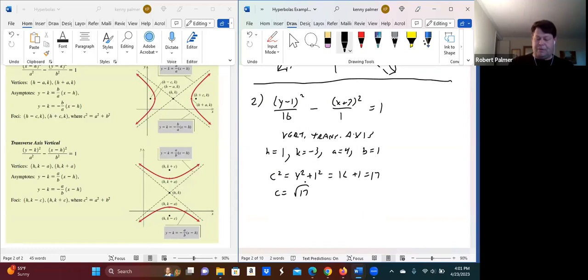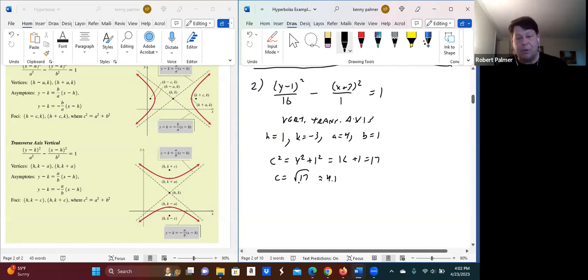About 4.1. That's close enough. Approximately 4.1. Okay. Now, from those things, we can pick out our other important features. So our center of our hyperbola is going to be h and k, so 1, negative 3. Okay. Our vertices, let's find those.